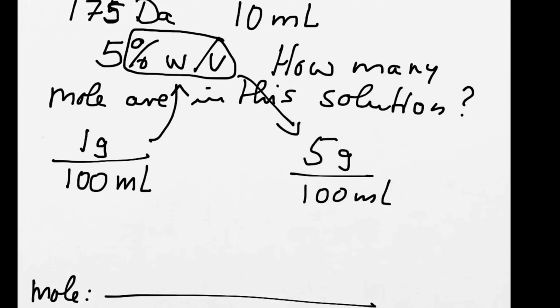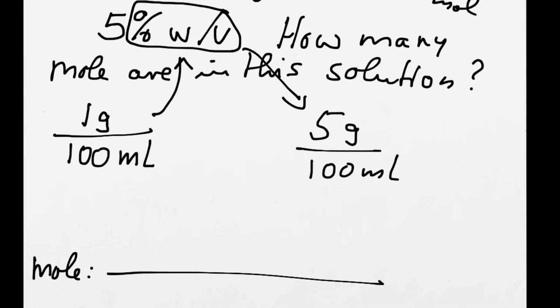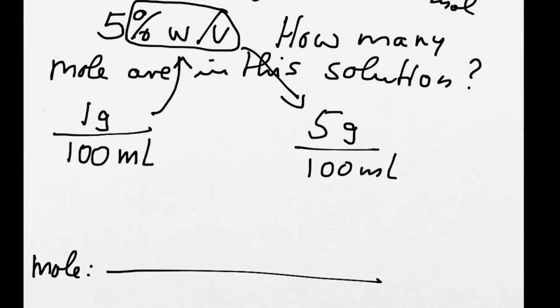The Dalton, exactly. 175 Dalton. And we said a Dalton is nothing else but 175 gram per mole. Yeah? So Dalton, gram per mole. Percent, gram per 100 milliliter.